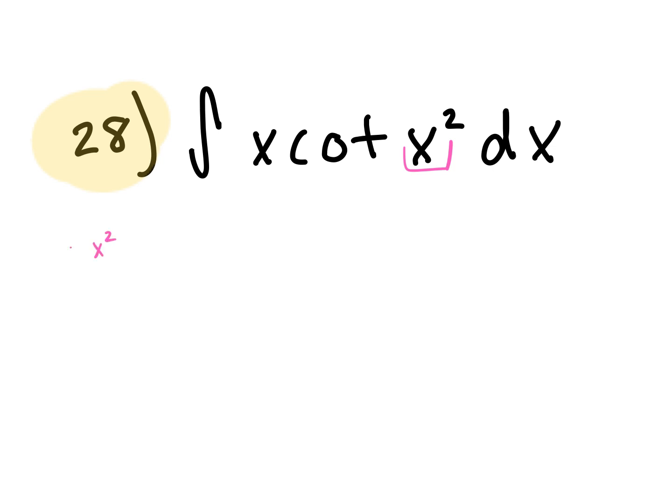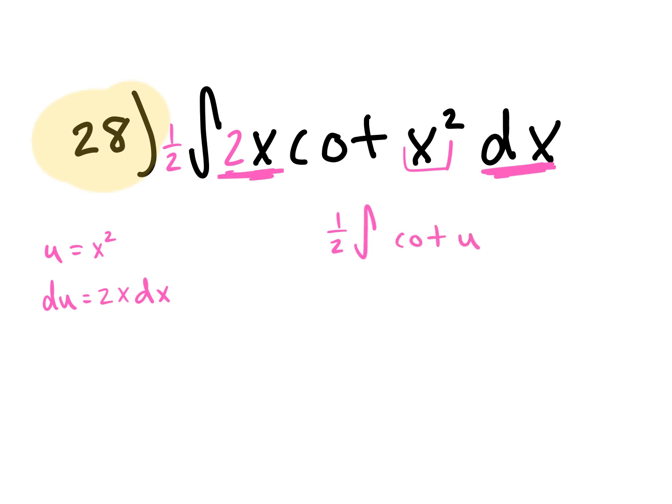Then du would be what? 2x dx. So I've got an x and dx there, but I need a 2. If I put a 2 in here, what else do I have to do? Bless you. Put a 1/2 on the outside. Perfect. So we've got 1/2 times the integral of 2x dx. I'm going to substitute du into there, and then this would be cotangent of u du, because I'm substituting u in for x squared.